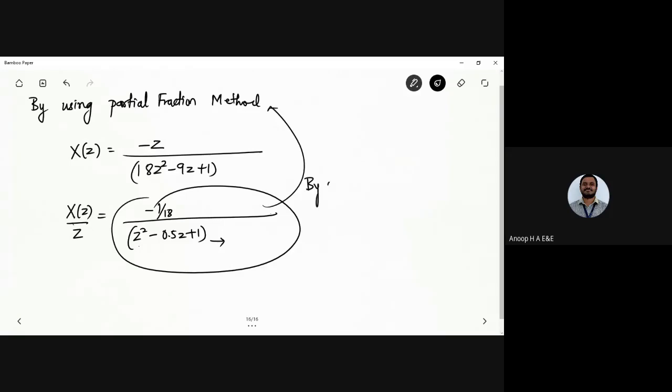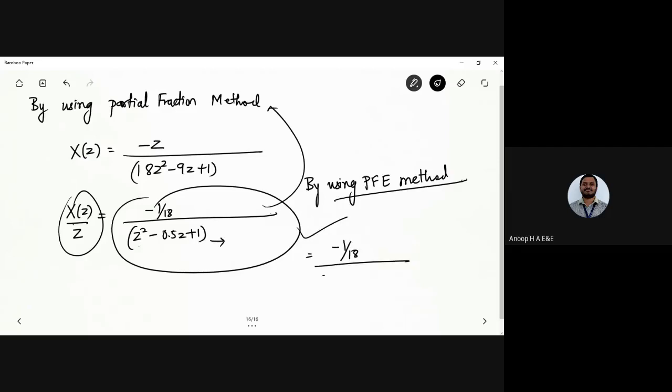So by using the partial fraction expansion method, X of z by z I can write over here. So what I can do is minus 1 by 18 divided by z squared minus 0.5 z plus 1.